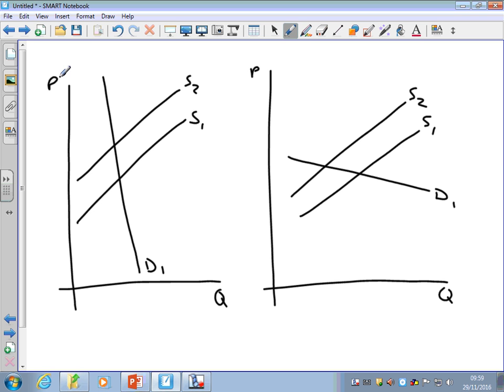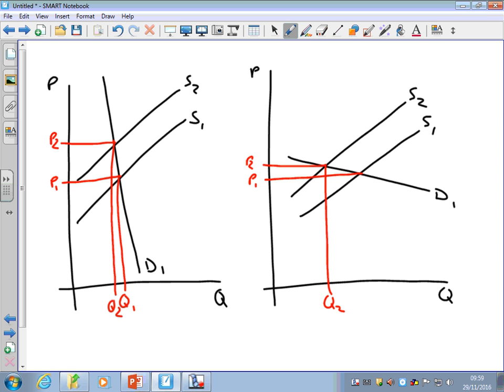So what this will do, it will, in both markets, raise the market price, and it will lower the size of the market. But hopefully what you remember about this stuff from previous topics is that when you've got inelastic demand, then you'll have a very small fall in demand as prices increase. Elastic, you have this big drop in demand.